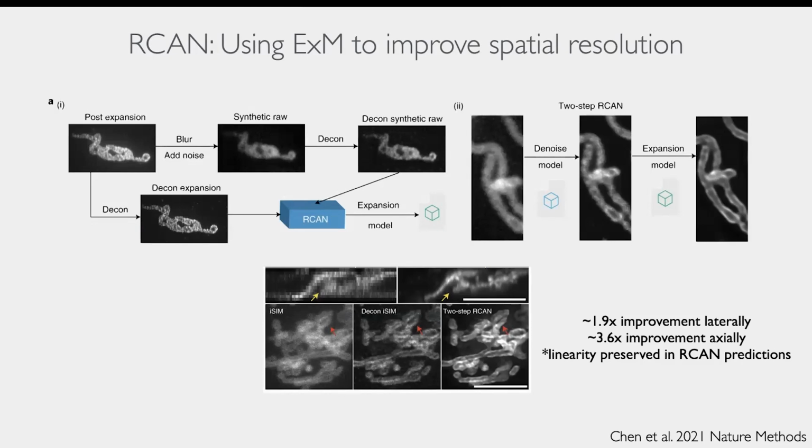Obviously they were surprised too, but these are the sort of improvements they could get in terms of resolution by using this approach, just by giving a target of this expanded tissue and trying to restore normal images to that scale. And so these are things that you can think about if you have a project where you're really trying to get to the bottom of complex structures and you need more resolution and you may not be able to go to EM or expand the tissue.